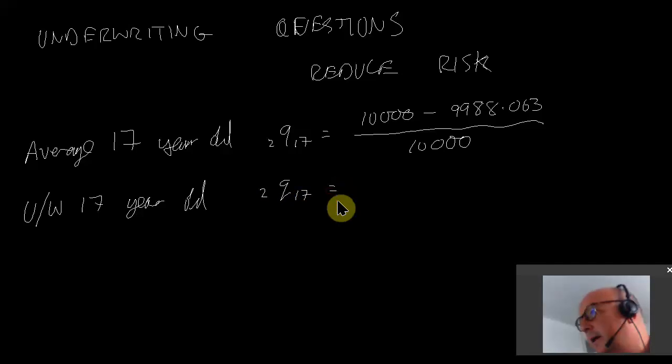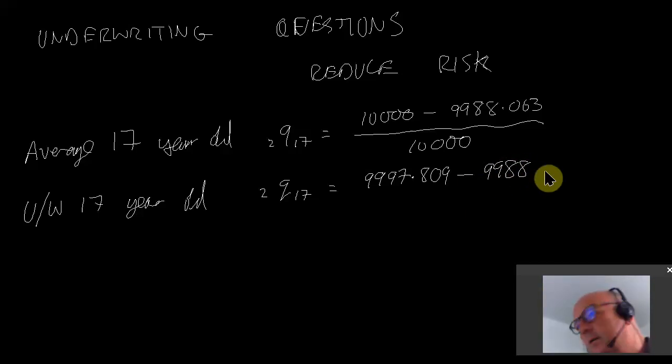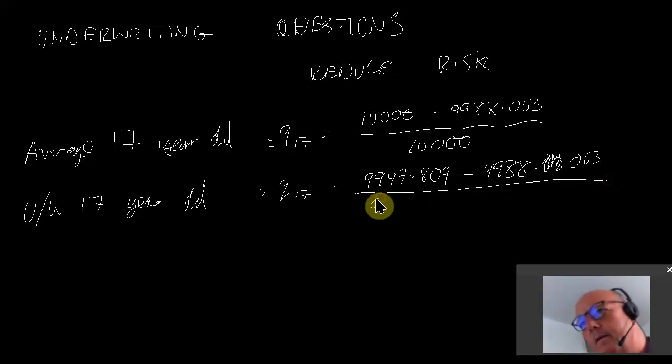So for an underwritten 17-year-old, 2q17 is equal to (9997.809 minus 9988.063) divided by 9997.809.